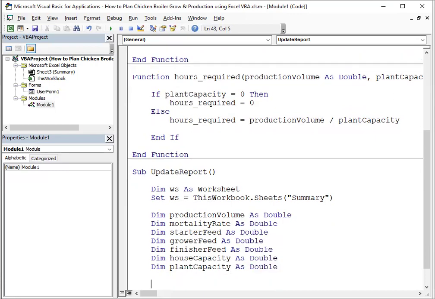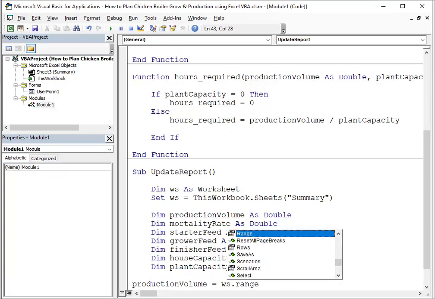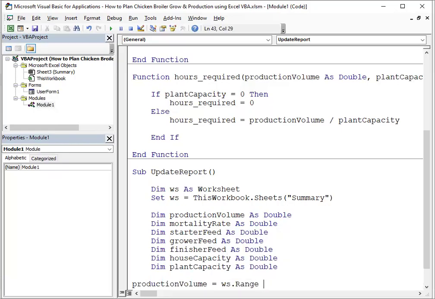Now we're going to start getting the values from the actual worksheet. This would be the same as the user form, but okay. So what I'm going to do is get the production volume equal to ws worksheet range B2, that value.